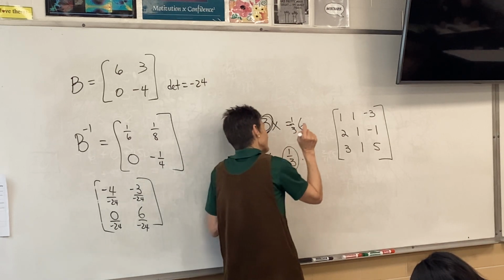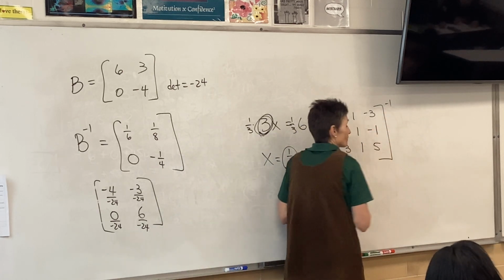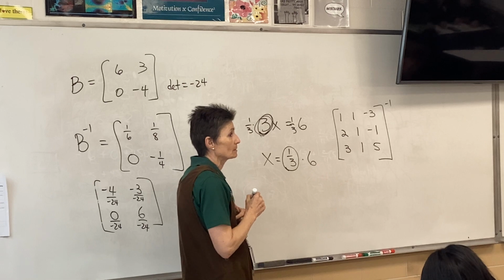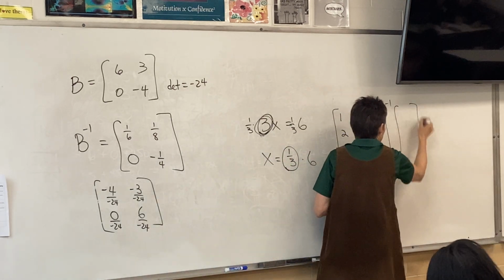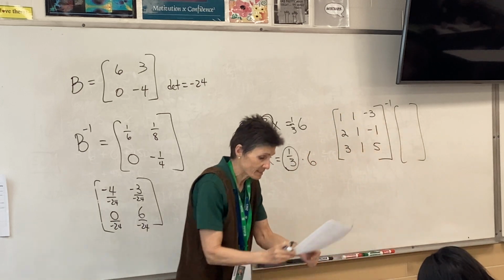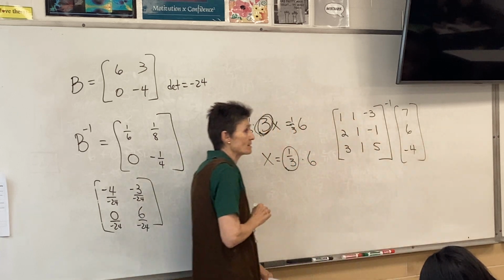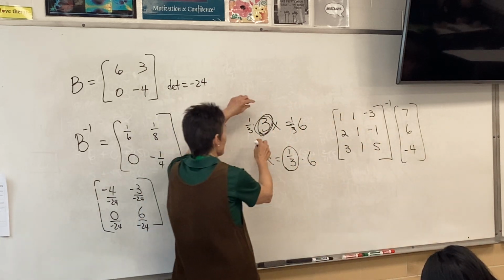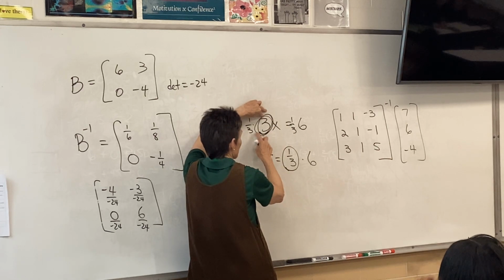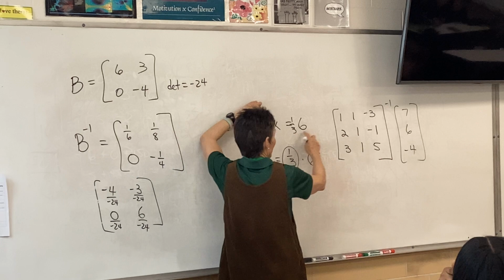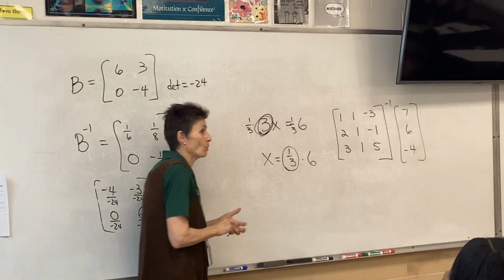So if I took the inverse of that and multiplied it by the constants, that will be my answer. Just like in your original equation, you took the inverse of the coefficients and multiplied it times the constants, that's going to be the answer to the question.